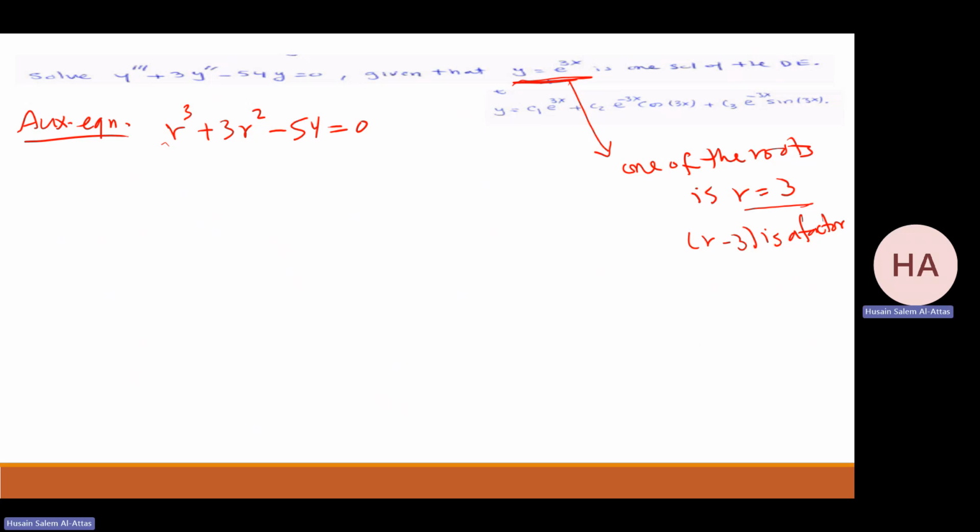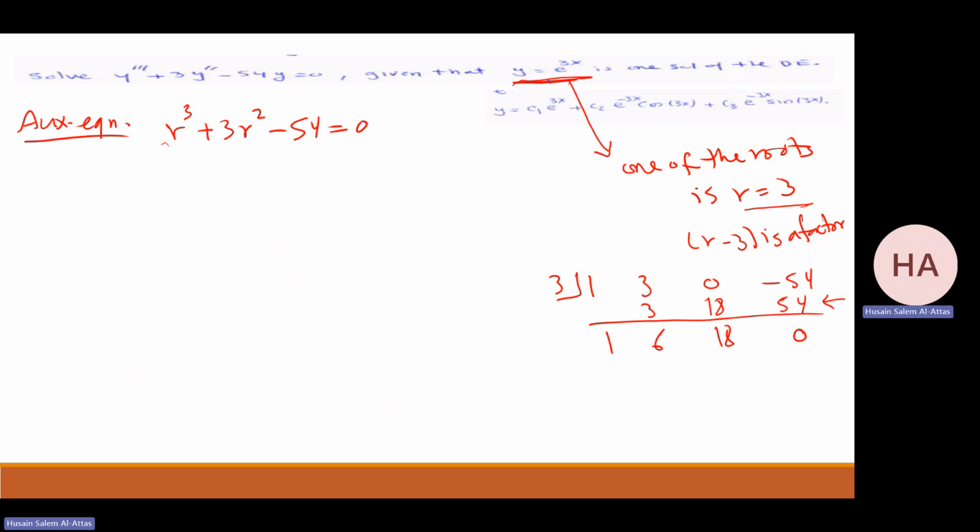So now I can do synthetic division. I have 3, 1, 3, the coefficient of r is 0, minus 54. Now we do synthetic division. That will be 1, then 3 and 3 is 6, 6 times 3 is 18, 18 times 3 will be 54, because I know this should be 0.